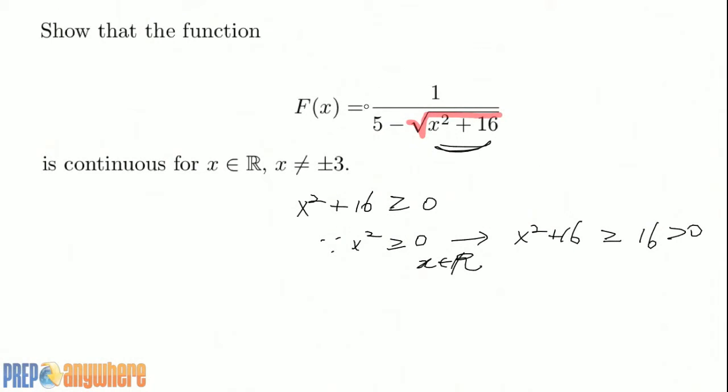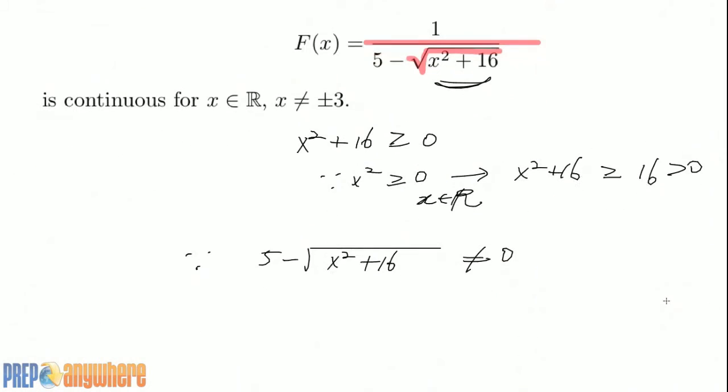Now I'm going to consider the fraction restriction. Since 5 minus the square root of this cannot be 0, you can't divide by 0, which means the square root of this part here cannot be 5.